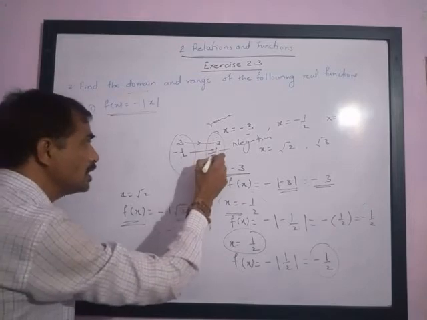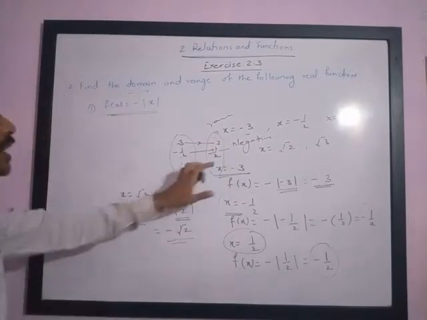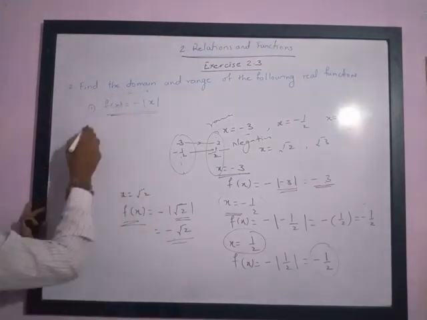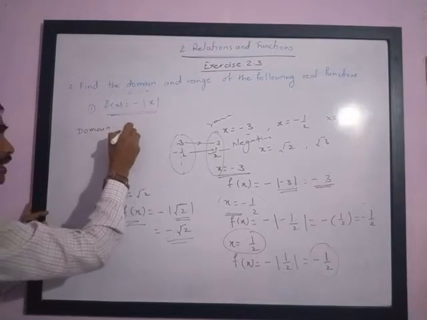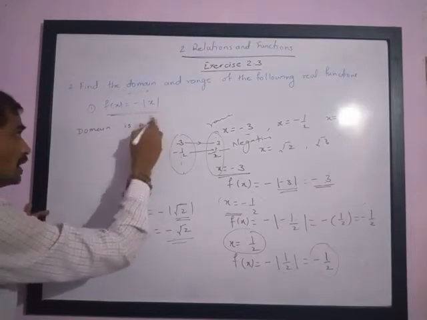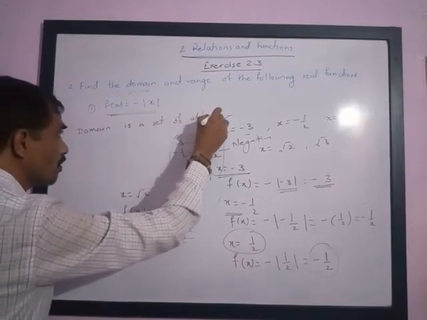So you will notice that in all the cases the range contains only negative values, which means the domain is the set of all real numbers.